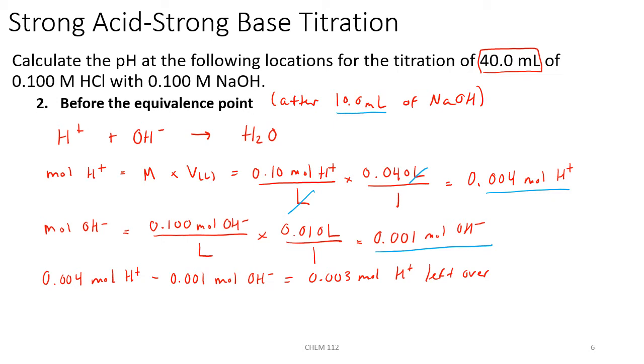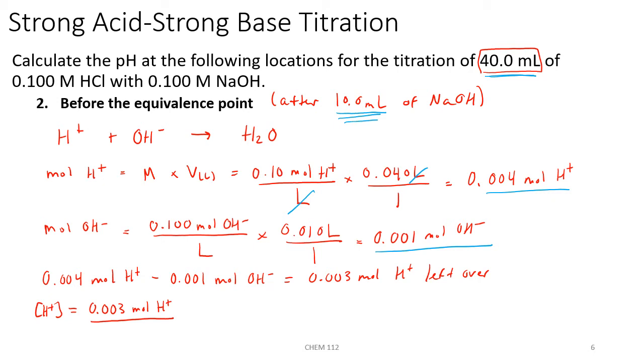Now that we have our moles of hydrogen ion, we need to calculate our concentration of hydrogen ion if we're going to figure out the pH. To calculate the concentration, we want to take the moles of hydrogen that remains and divide by the total volume in liters. Initially, we had 40 milliliters of our acid, and we've added 10 milliliters of base so far.